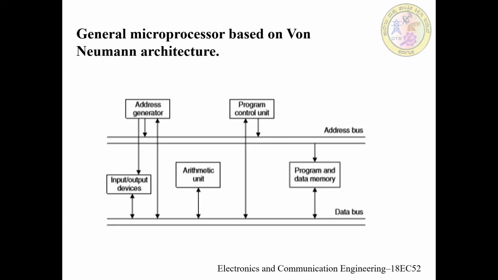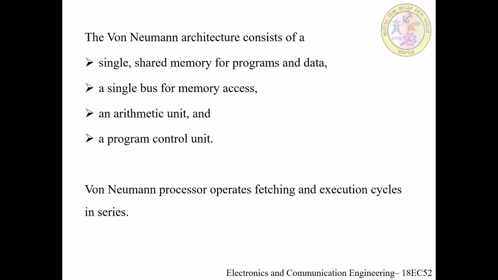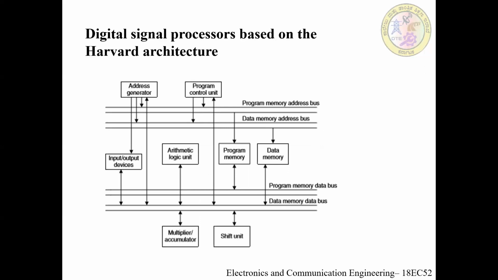Our digital signal processors are based on Harvard architecture, which originated from the Mark I relay-based computers, built by IBM in 1944 at Harvard University. This computer stored its instructions on punch tape and data using relay latches.